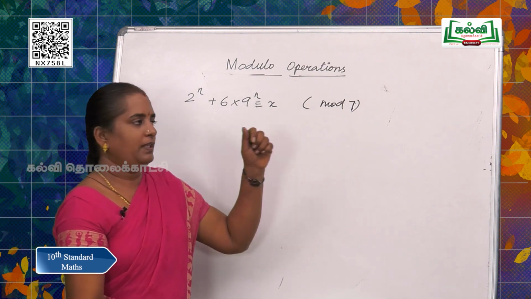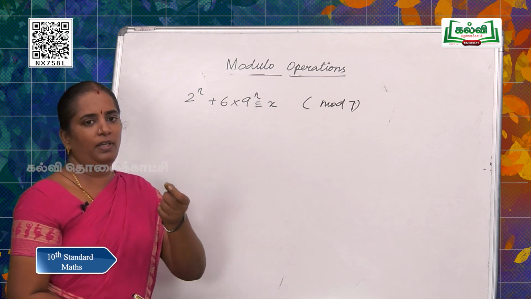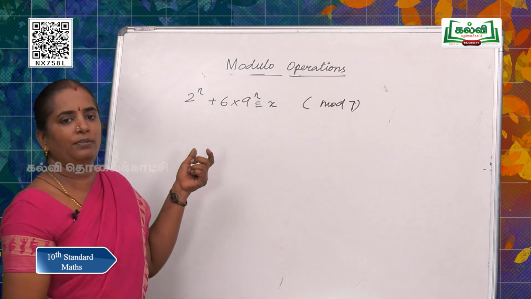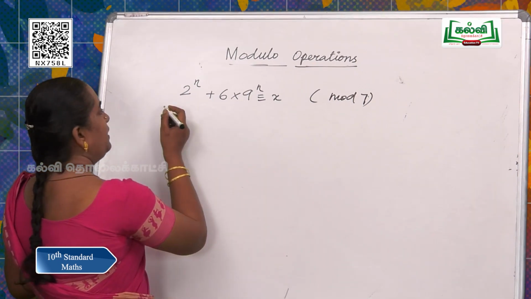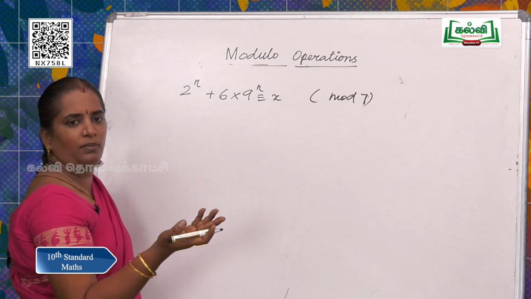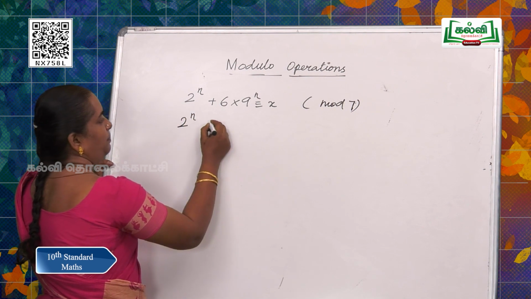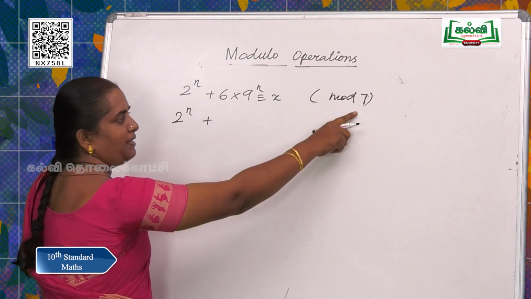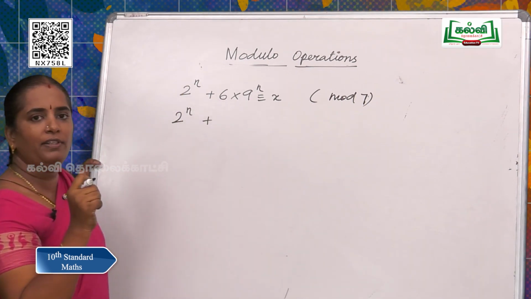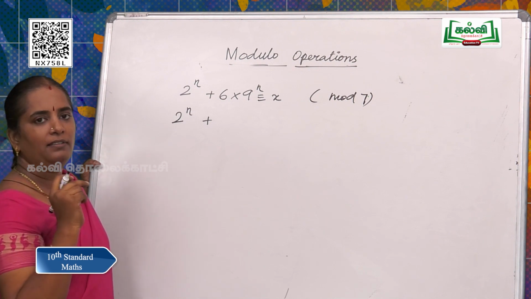Shall we? Yes. So, I am going to give you a simple trick to work out this sum. See, this seems to be so complicated, but it is so simple. So, 2 power n plus, see, mod 7 and this is 6. What will we do? Can you recall?